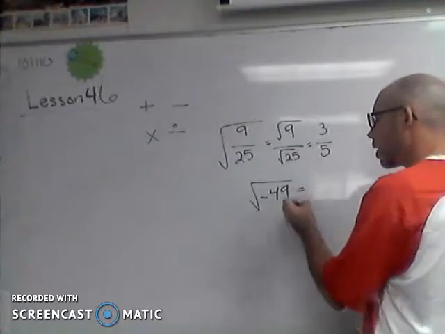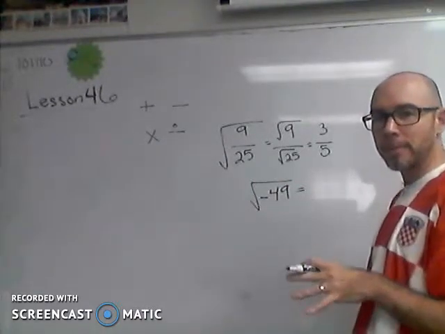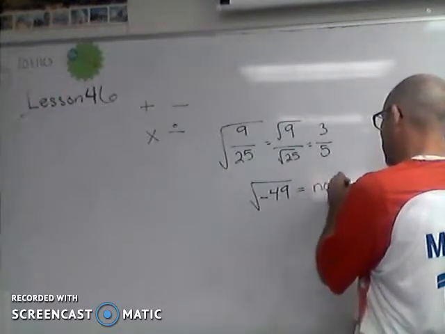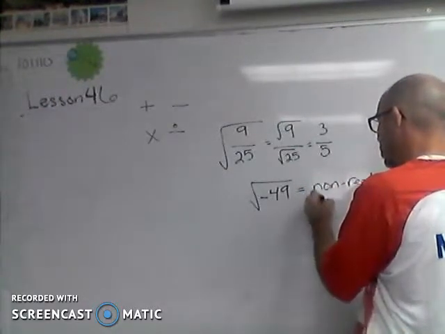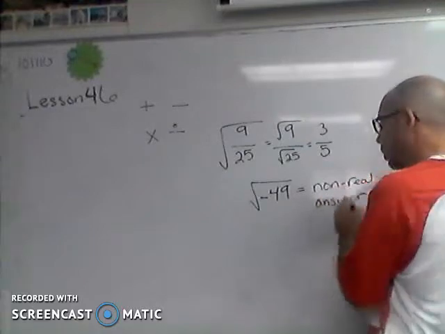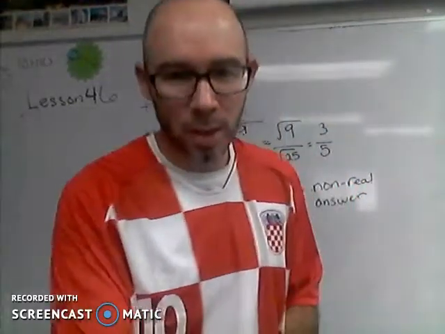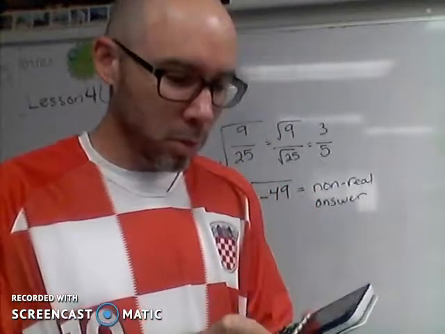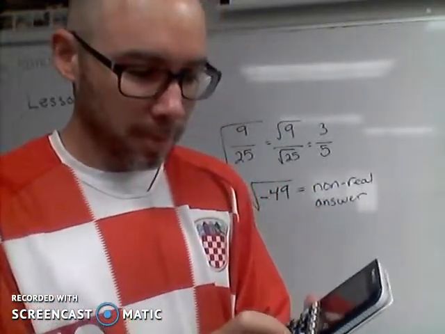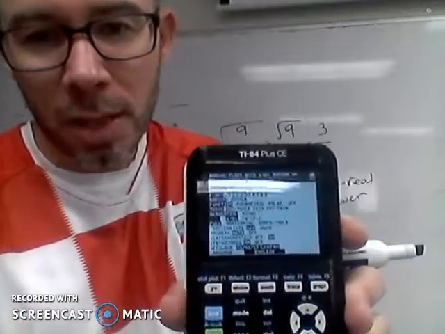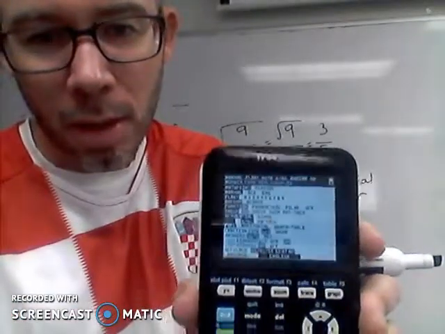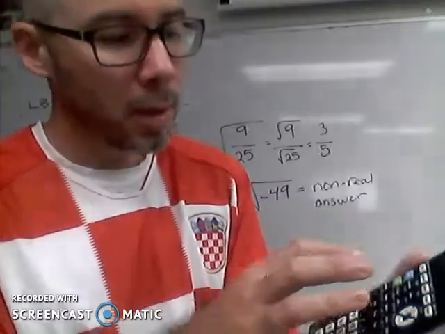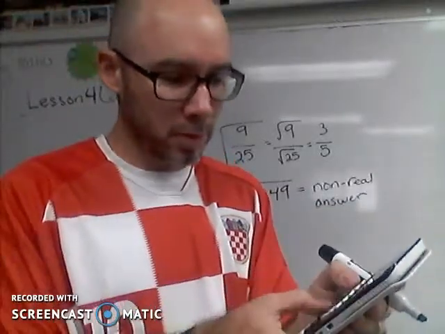If you try this on your calculator and it's in the regular mode, the real number mode, it will say something like non-real answer. Now, there's a way to trick your calculator into doing that, but if you check your mode down here under sequence, if it's in that first one where it says real, then that's the type of answer this thing will give you.